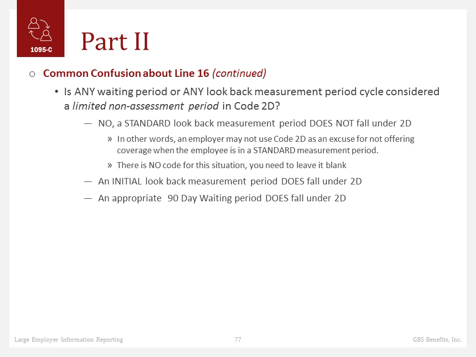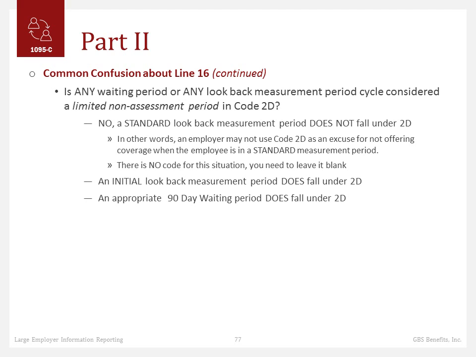Okay, another commonly confused point on line 16: is any waiting period or any look-back measurement period considered a limited non-assessment period in Code 2D? In other words, Code 2D lists all the limited non-assessment periods that we talked about in our definitions earlier on. And I've already told you that no, not every waiting period or look-back measurement period is included in this code and is an excuse for not having offered coverage.